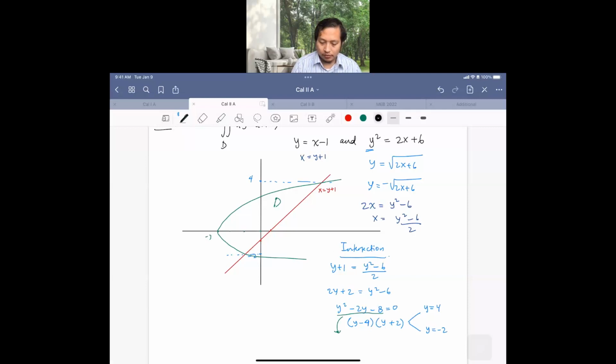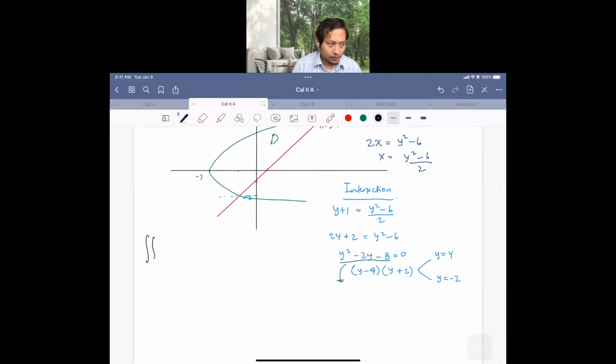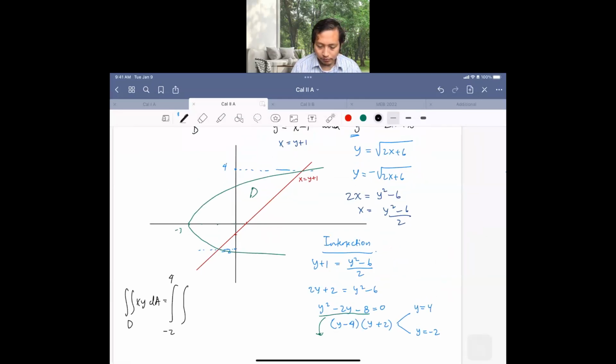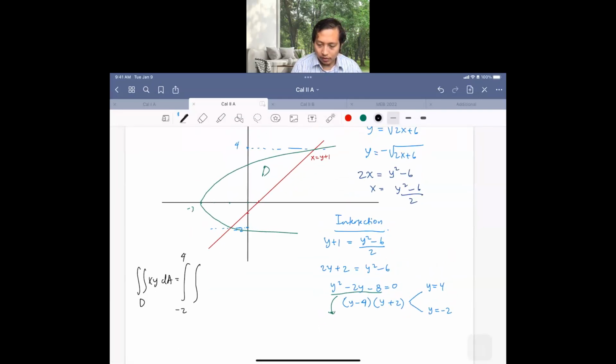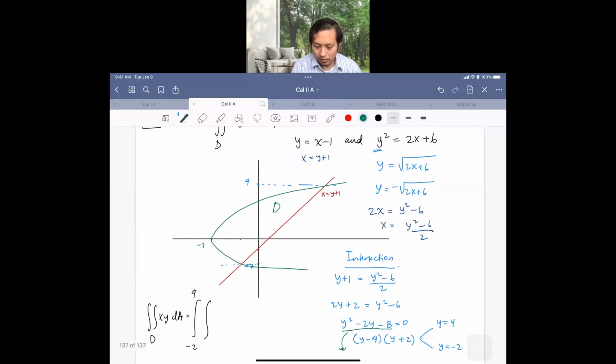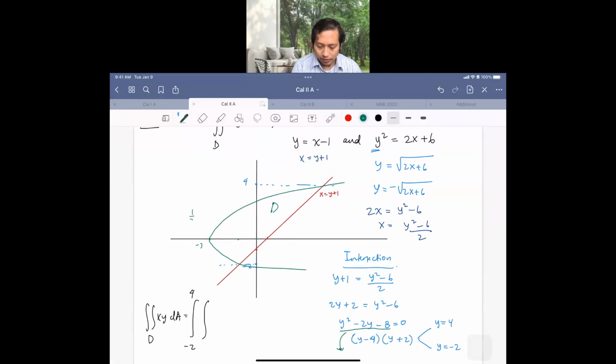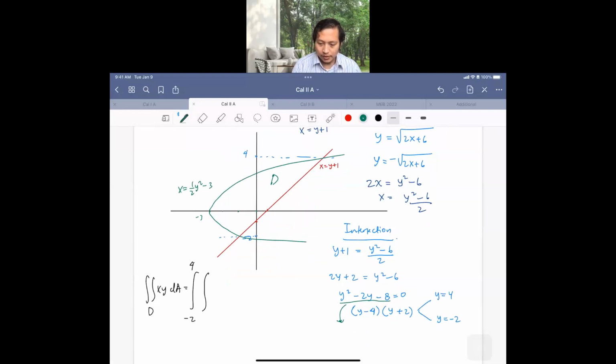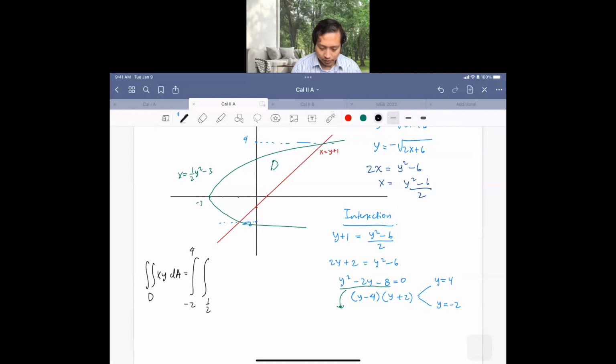So you can write the double integral over D of xy dA is equal to the integral from -2 to 4, and then the functions will be, this is the half y squared minus 3 for x, right? So from this half y squared minus 3 to y plus 1.